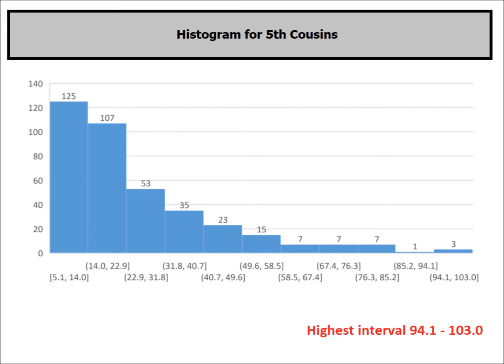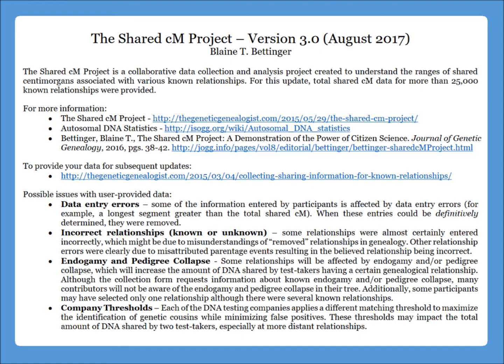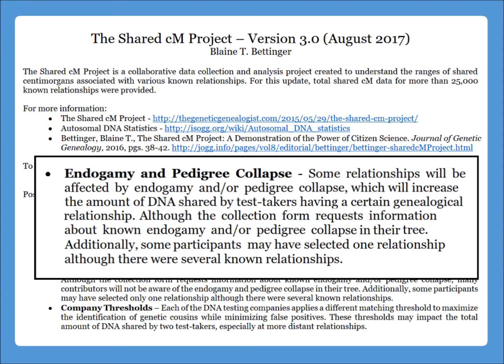That is somewhat encouraging. 124 Centimorgans would be a freakishly high amount for a fifth cousin. To finish my exploration of the shared CM project, I have to say Bettinger can't account for inbreeding or other ways where people share more than one unique line.